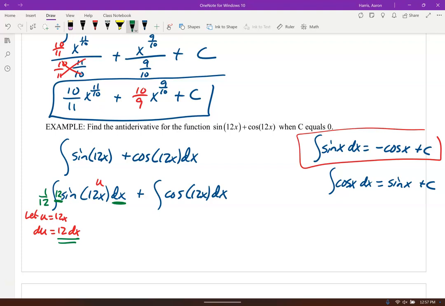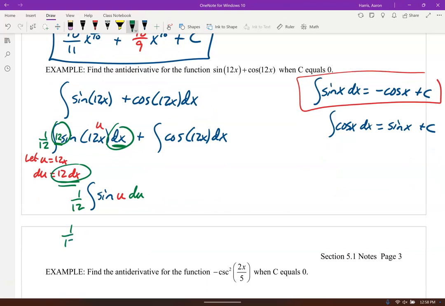And let's go ahead and fill this in. So I have 1/12, the integral of the sine of u du. Remember, du is 12 dx. Okay? And so this just ends up being 1/12 stays there.